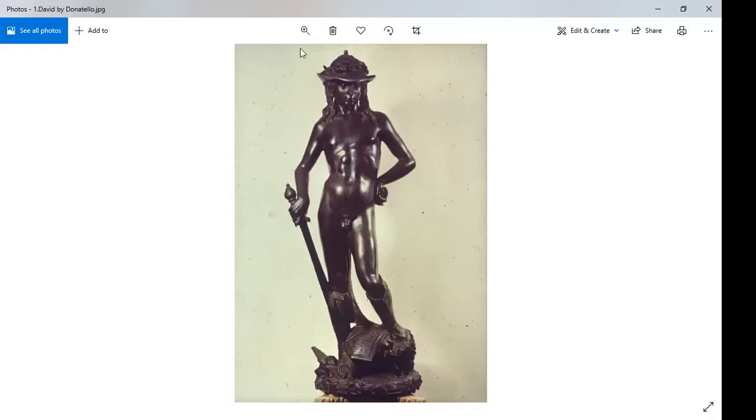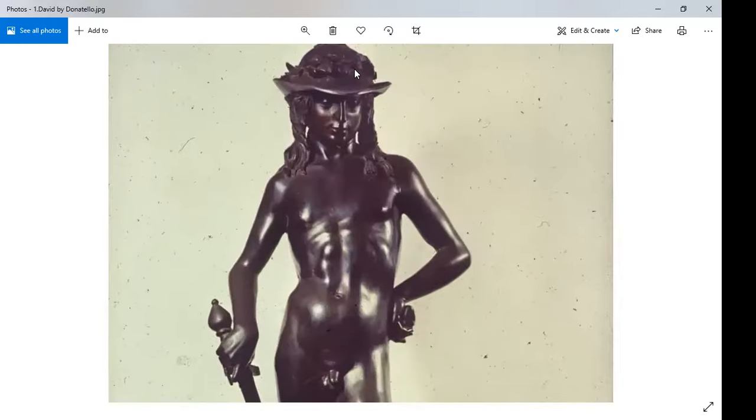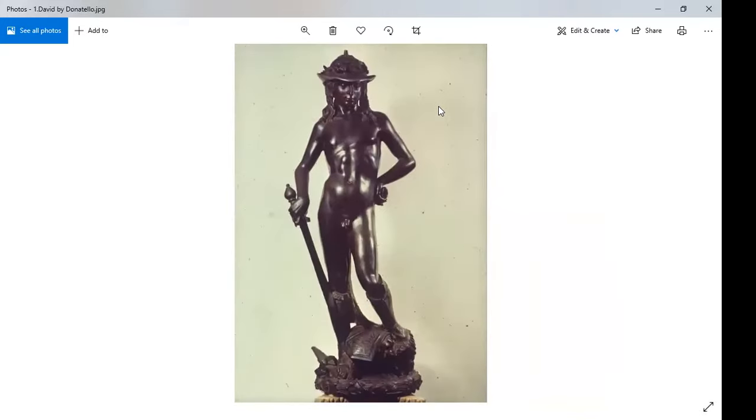You could even say, oh, he's wearing a hat, by the way. A flowered hat. Yeah, that's what the model was posing with. I don't know, that's what Donatello asked him to put on. I doubt the real David in the ancient biblical battle was wearing a hat with flowers. But anyway, that's a detail, of course, and that's dynamic, as are the arms and the spine. But he is both stable and dynamic because he's standing upright.